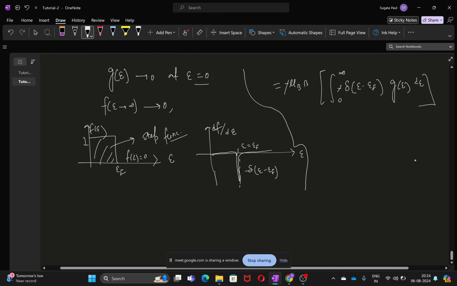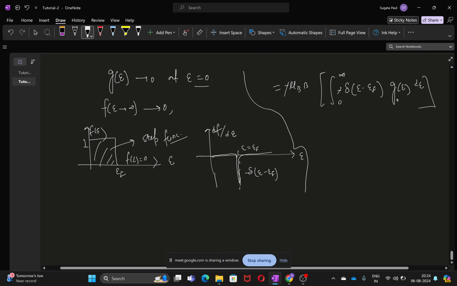Now you know the rules of the Dirac delta. Whenever this function is multiplied by the Dirac delta function centered at EF, within the limit of 0 to infinity, it reduces to simply g at EF. This is the density of state at the Fermi level.